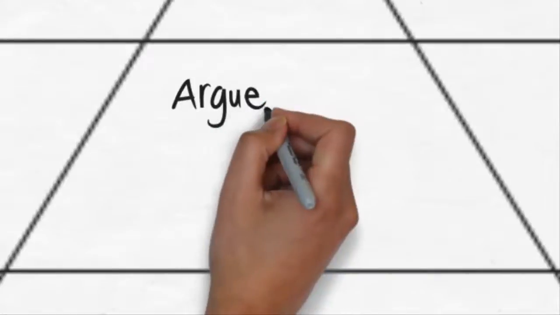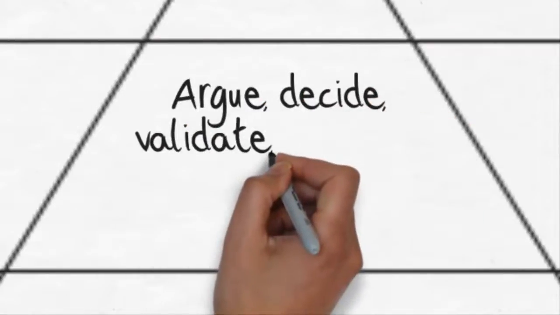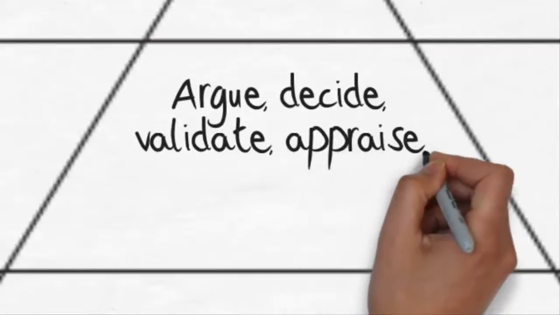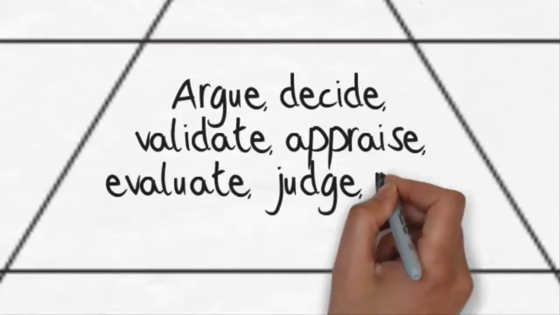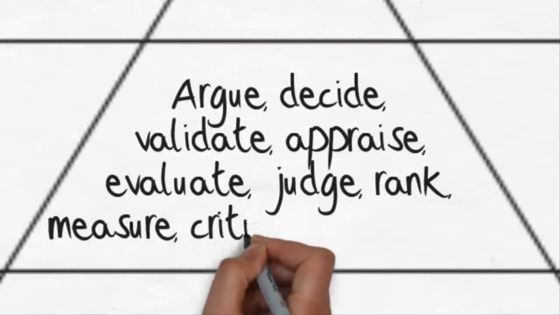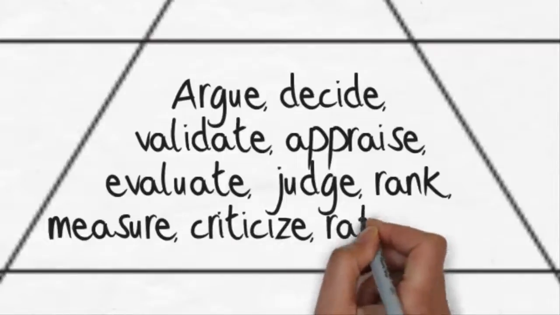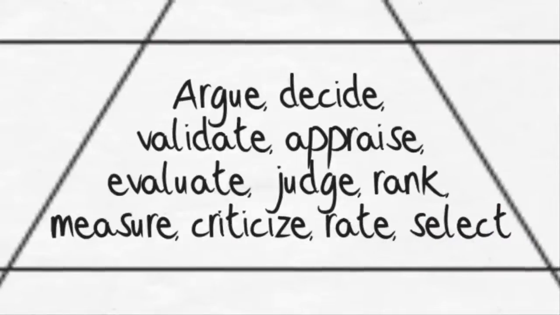Now, when we get into this level, we're asking students to do things like argue, decide, validate, appraise, or evaluate. We may ask them to judge certain things or rank certain things in order. But in any case, this is sort of the evaluation level that we're asking students to get to.